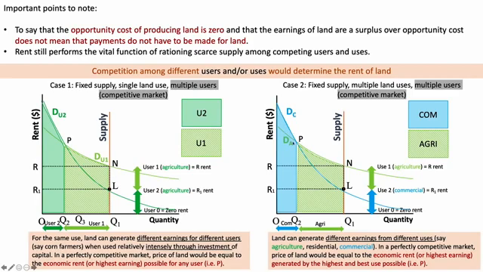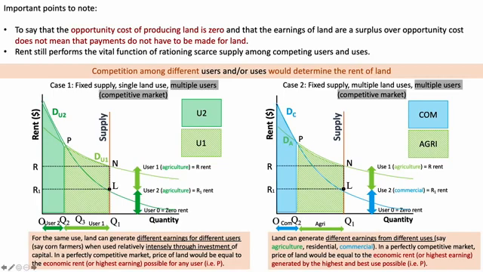Now, how do you relate it to the real life scenario? We understand that planners do zoning, and when doing so, they have to determine how much quantity of land should be allocated for what kind of use.